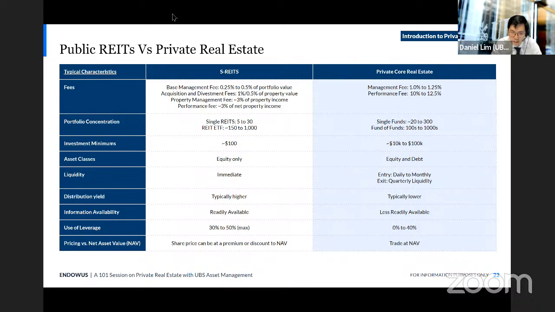And so sometimes what you do see is that certain REITs do look to sell some of their non-core assets, and with the proceeds from those asset sales, they then look to pay that out as capital distribution to sort of enhance their distribution. But in the long run, that would not be a sustainable kind of solution. So something to bear in mind when you are investing in REITs. And that's not something that you really see for private core funds, where they are pretty transparent as to what is coming from the income component versus what is being returned to you if they do sell any assets.